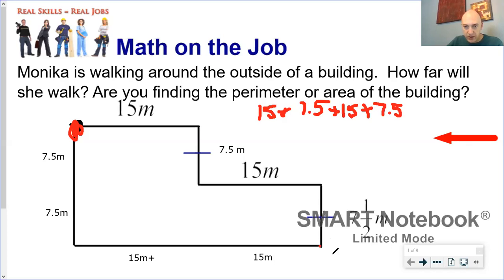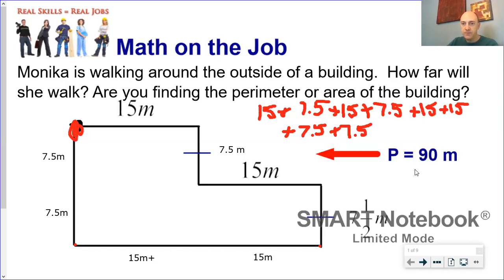That brings her to here. And then another 15 meters and another 15 meters, plus 15, plus 15. And that brings her to here. And then another 7.5 and 7.5. And if you add all of those up together, you will get the answer, which is 90 meters total for your perimeter. Perimeter is 90 meters in this question.